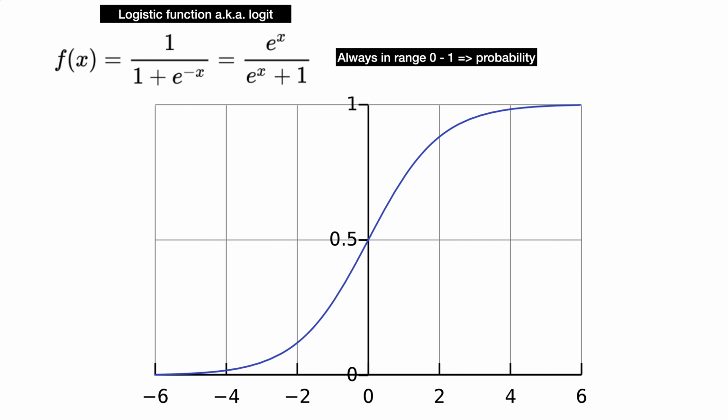Okay, let's take a look at the function itself. 1 over 1 plus e to the minus x. Or, equivalently, e to the x over e to the x plus 1. Wait, how is that equivalent?